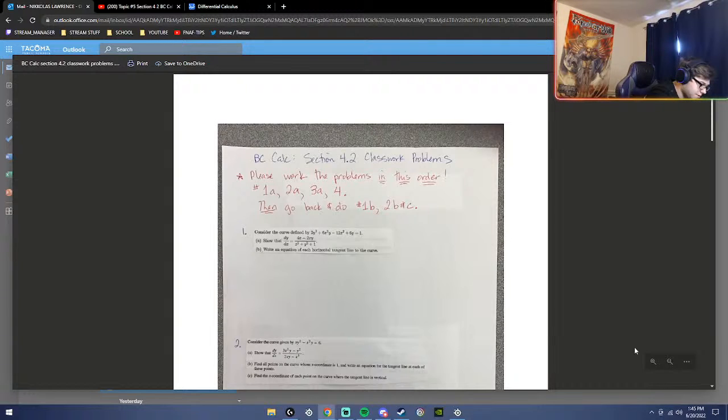Please work the problems in this order. 1A, 2A, 3A, and 4. Number 1B, then 2B, and C.